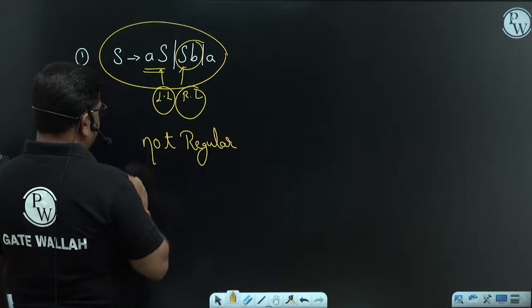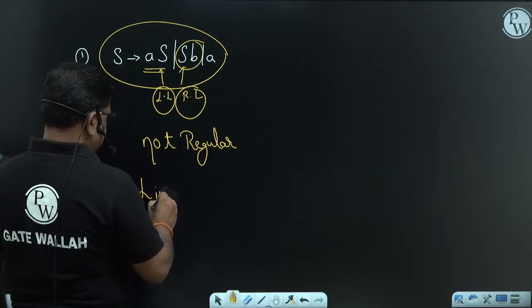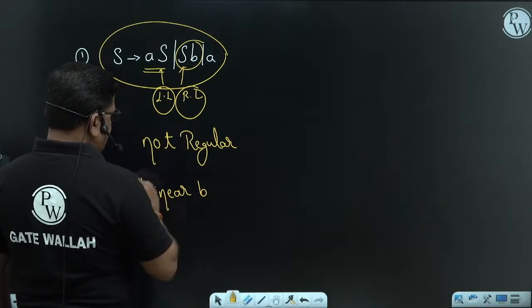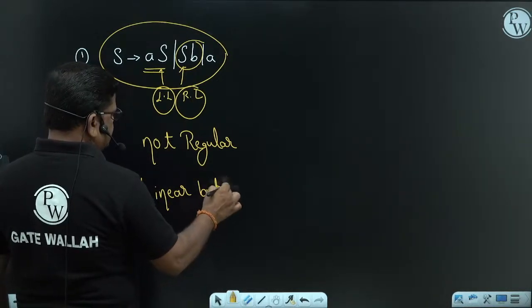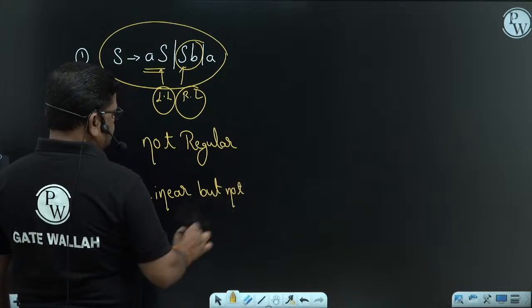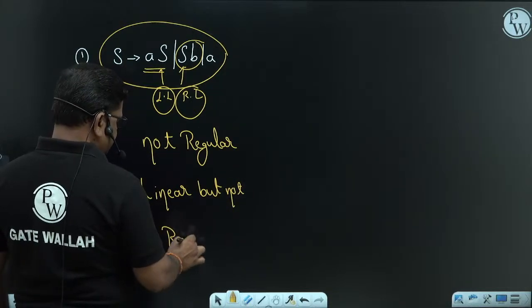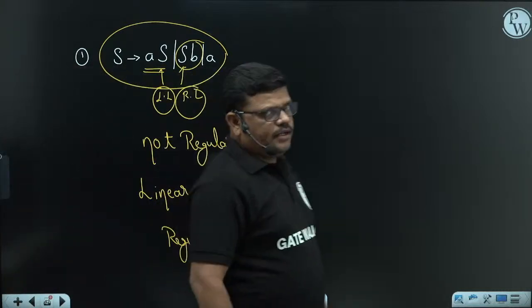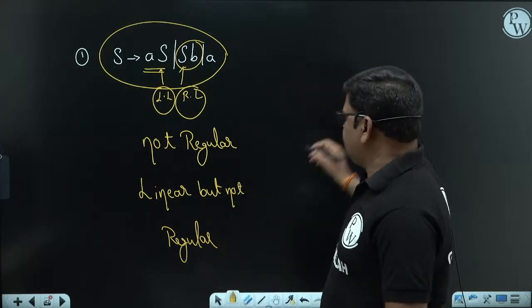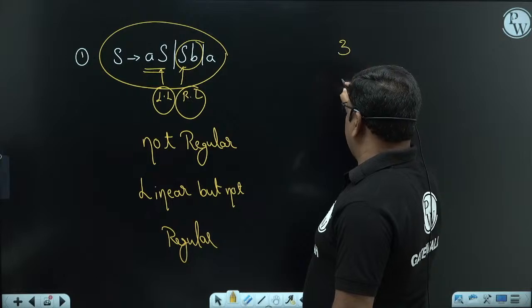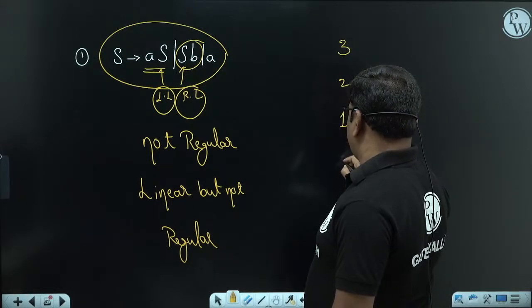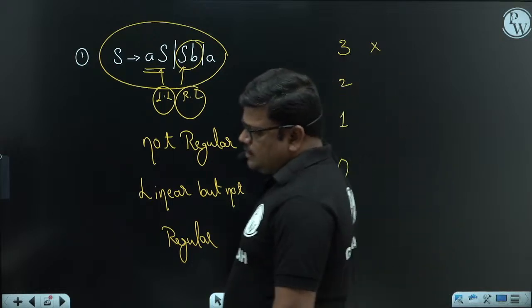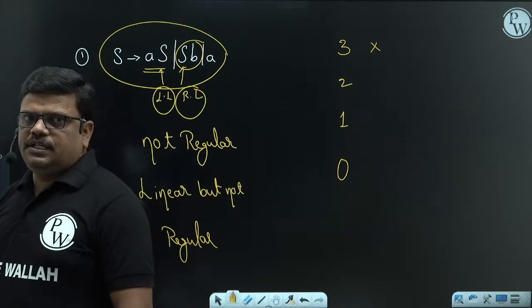This is linear, but not regular. If not regular, then we have to check, this is the way we have to check: first check for type 3, then type 2, type 1, type 0. First check for 3. We have concluded that this does not come under type 3.